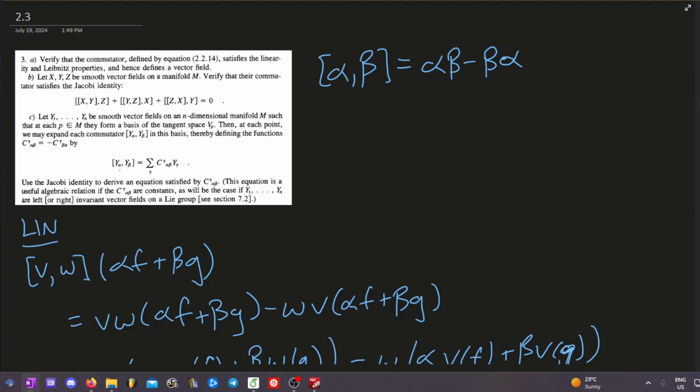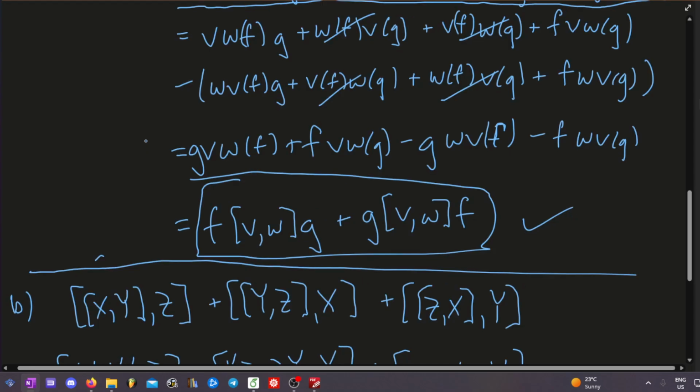So the commutator of y alpha, y beta is going to give us this C times y gamma. It asks us to use the Jacobi identity, which is what we used in part B, to derive an equation which is satisfied by this C function, or not a function, the C constant, I guess, because they say this equation is a useful algebraic relation if the C are constants. Okay, so let's just go ahead and get started with this.